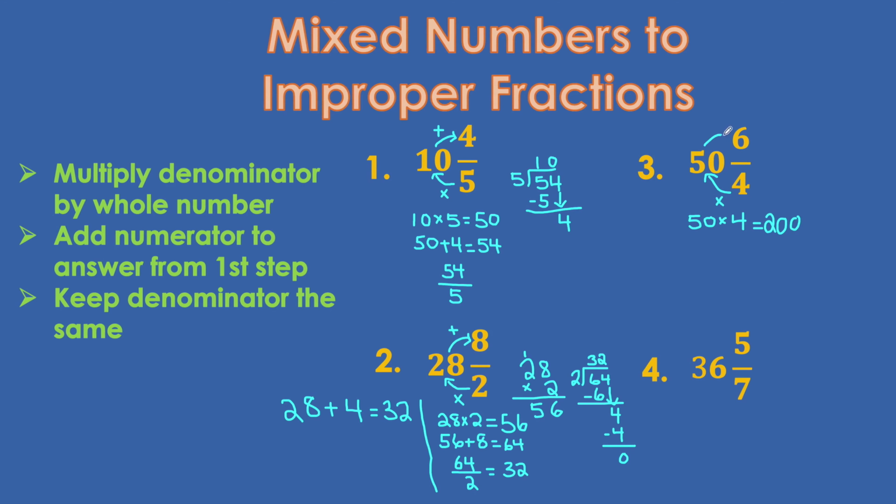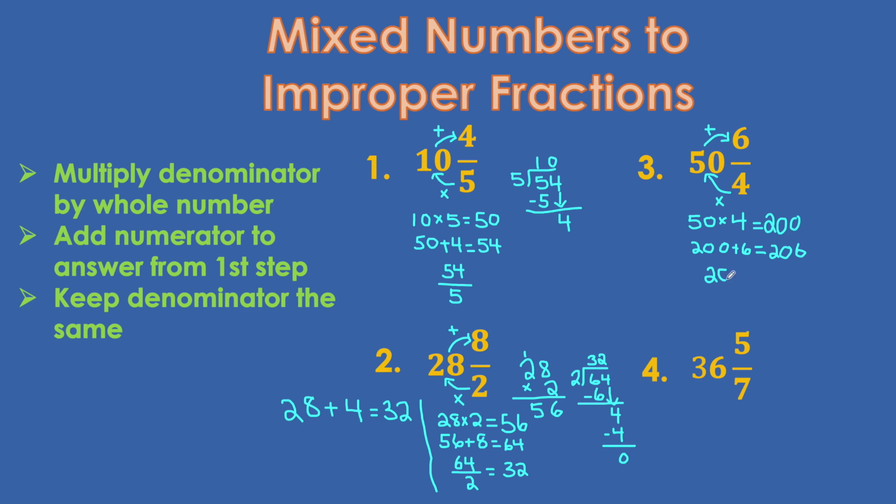Then we're going to add the numerator, meaning 200 plus 6, which equals 206.